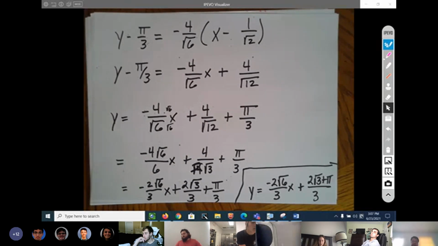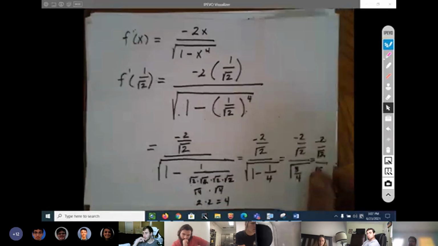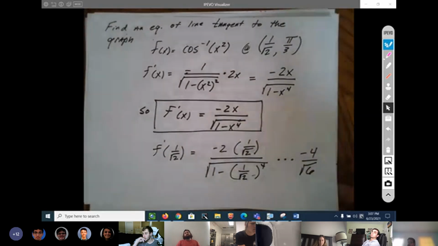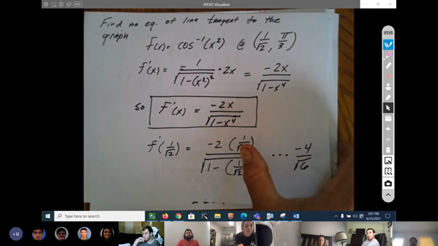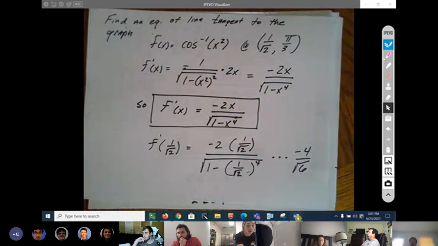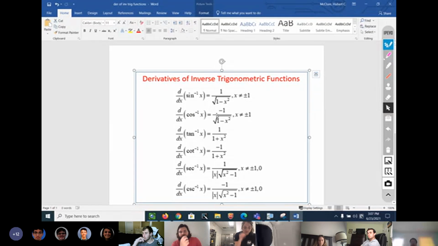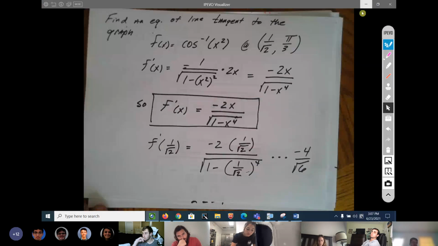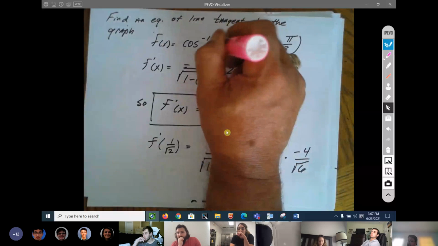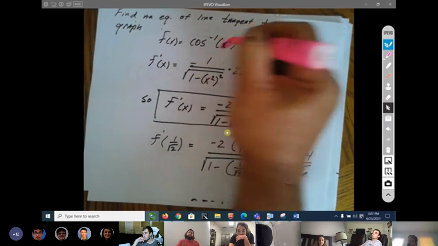Now, let me rephrase. What did you do on this problem? Well, here's the problem. You took the derivative using plug and chug from your card right here. You found x. Which one is x? X is right here. That's the x spot.